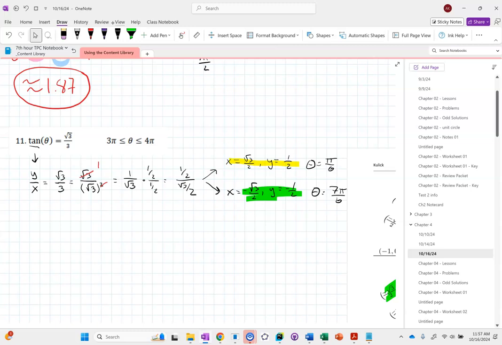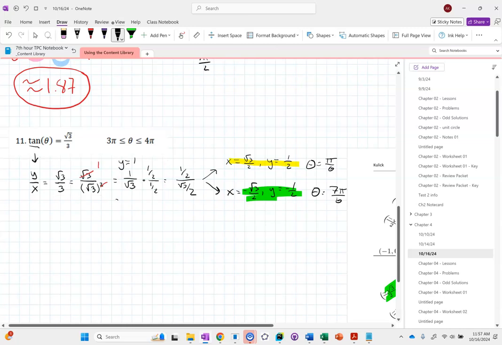When you got 1 over square root 3, you multiplied it by 1/2 over 1/2. Why? What was the reason? If I looked at the unit circle, there was no place where the point square root 3 comma 1 exists on the unit circle.